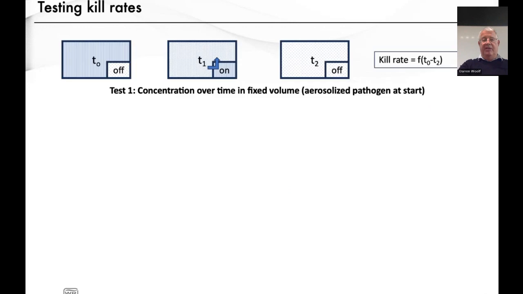So, testing kill rates. By far we see this, which is a test chamber filled with an aerosolized pathogen at the start, T0. You switch your system on and at T2, you take the concentration then, and the kill rate is a function of the concentrations at those 2 times.